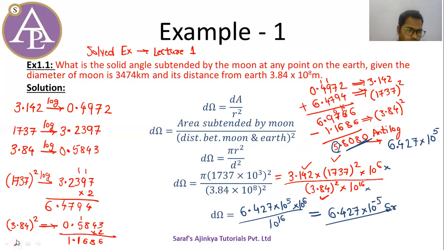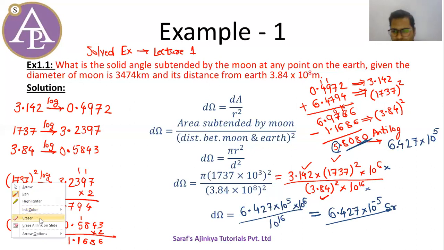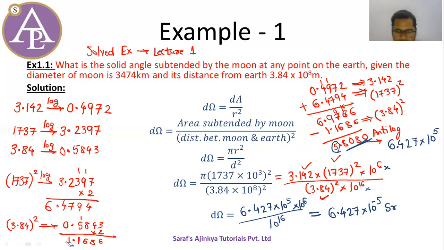Okay. Few students pointed out to me that maybe my calculation was wrong. So I think this should be the correct calculation. What I will do is I will also check it through calculator. So let us check it through calculator also.